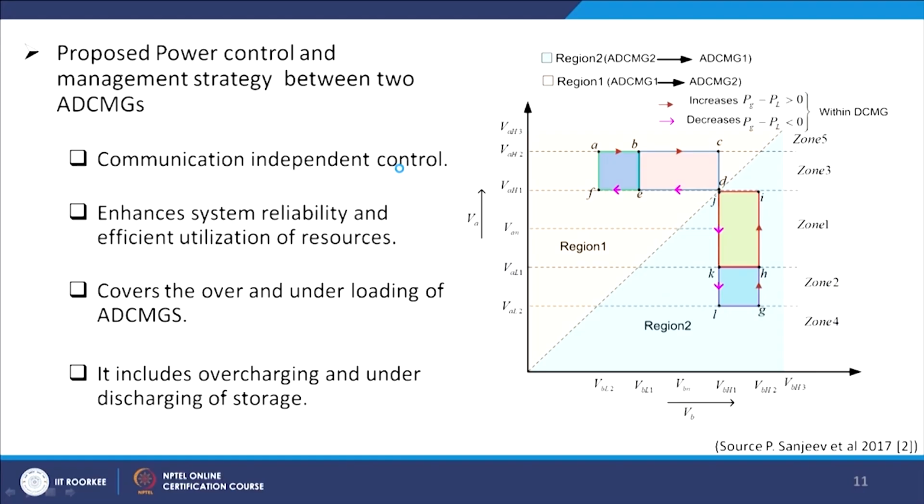It includes overcharging and under discharging of storages. Now, we can see in this strategy region 1, where autonomous DC microgrid 1 is feeding energy to autonomous DC microgrid 2, and region 2 is used when autonomous DC microgrid 2 is feeding energy to my autonomous DC microgrid 1.